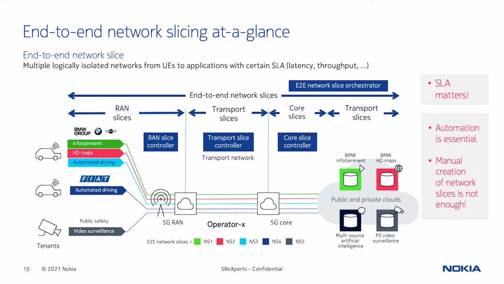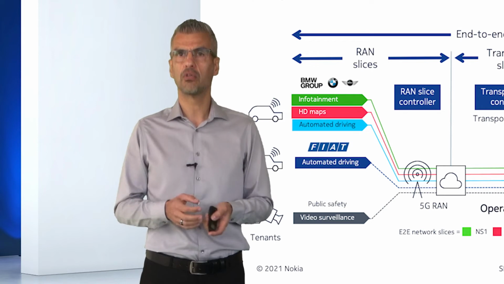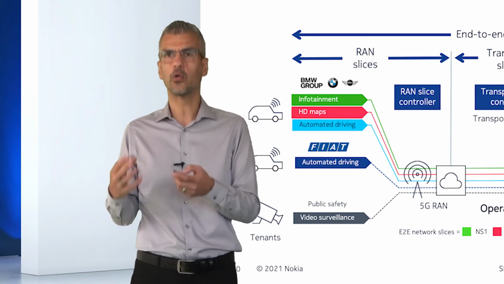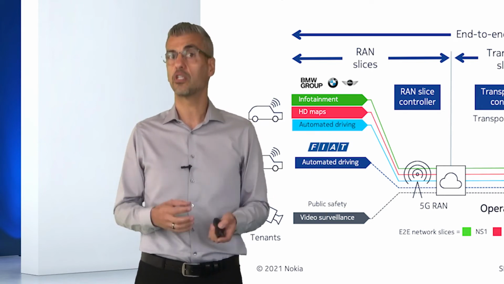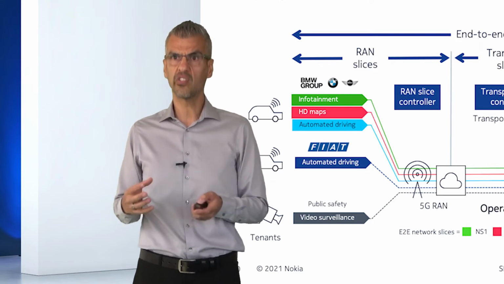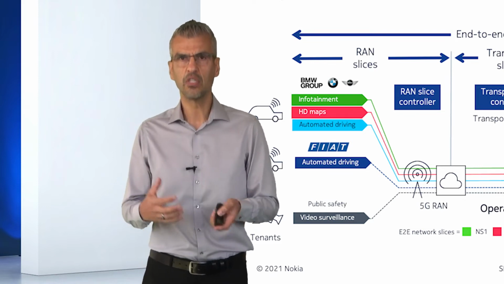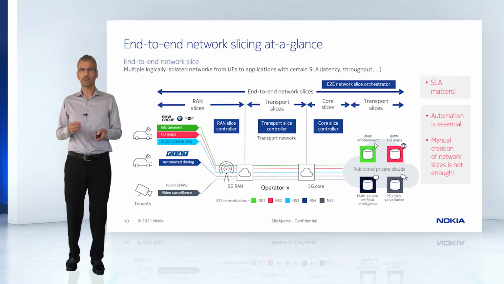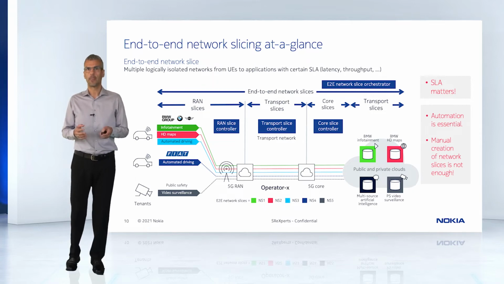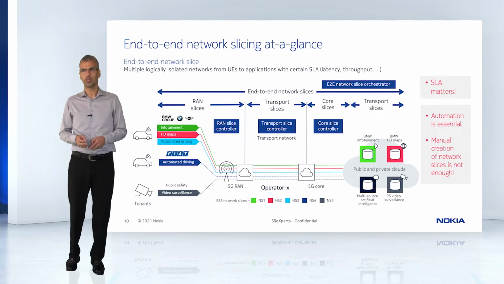In this context, automation is a very essential part of the end-to-end network slice. Basically, automation is the theme of the presentation today. You will see we will talk about automation in a very general concept and specifically in transport. Why we need that, we will go through. But this is a very important aspect: manual operation is not really enough. We need to do automation.